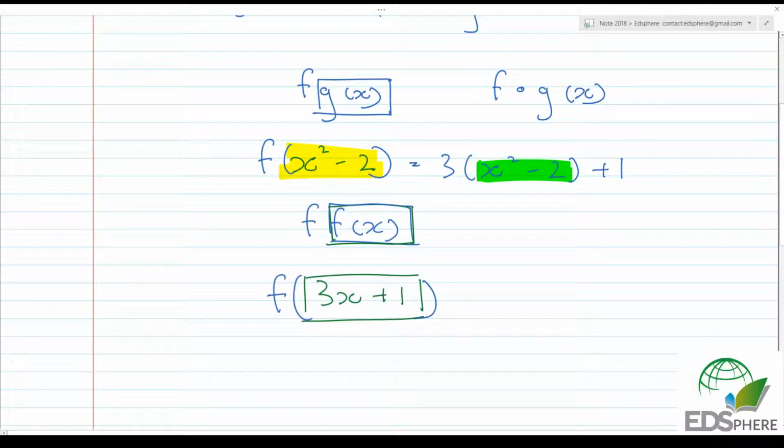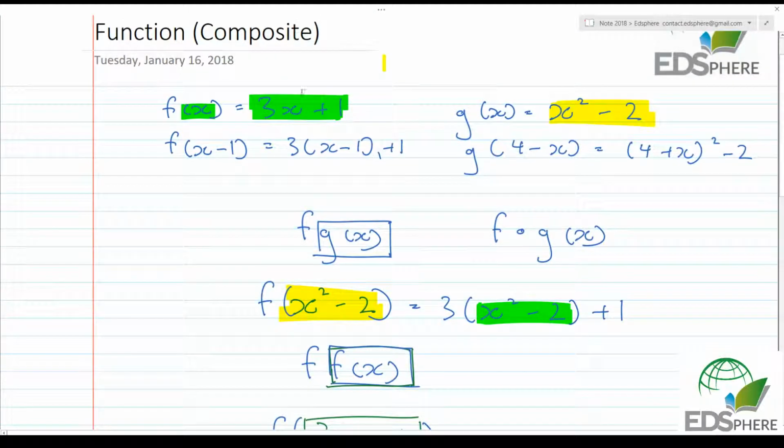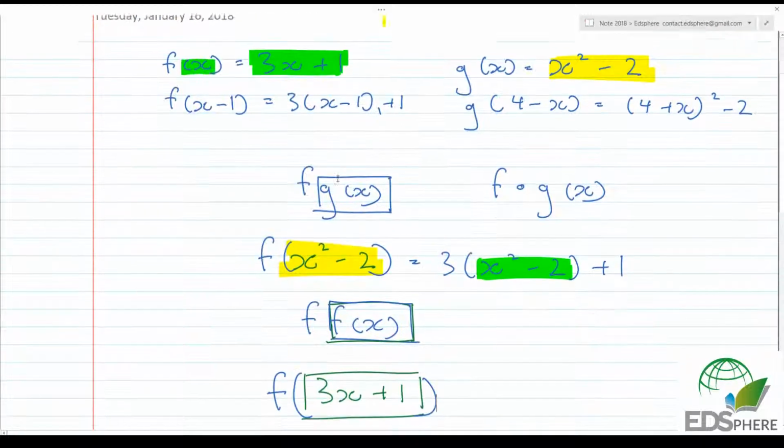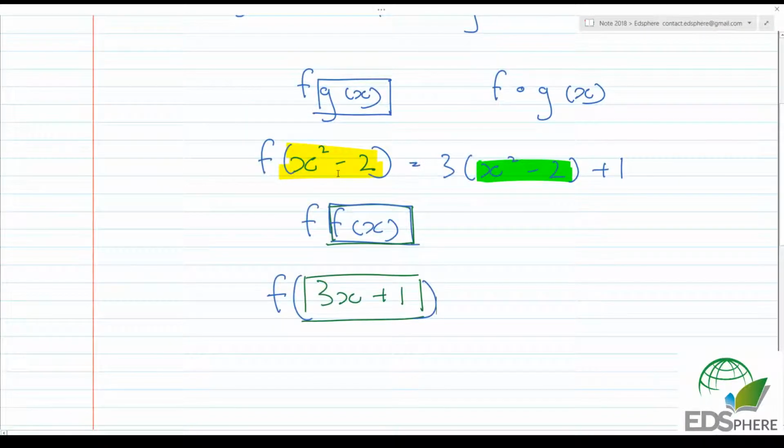Remember, the function f of x was represented by 3x plus 1. So now I'm effing this 3x plus 1. I felt like that was swearing, but how does that work? Well, it's simple. It is just 3 bracket, remember the 3x plus 1? I'm going to leave the 3x plus 1 here, plus 1 on the outside.